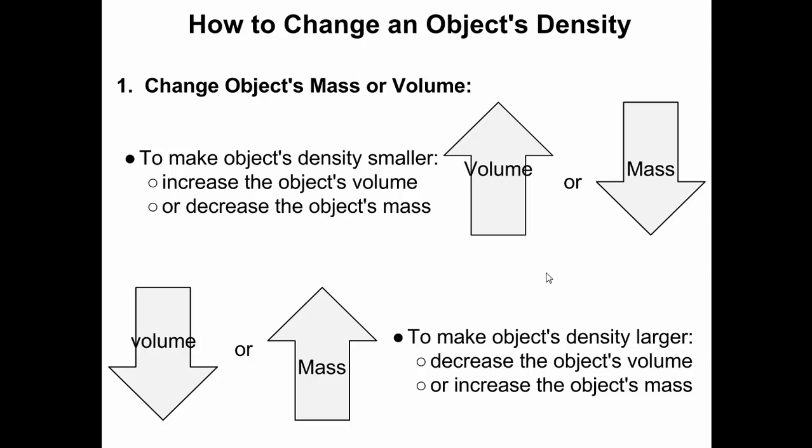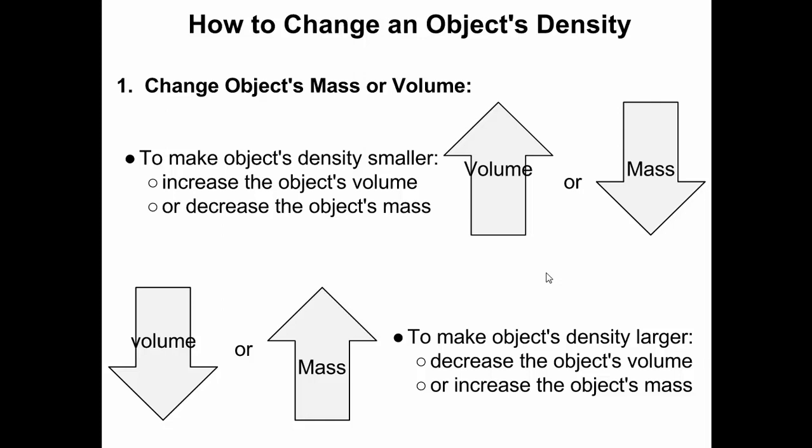So, for example, if we had a jar of M&Ms, and then we ate several out of the jar, the jar would stay the same size. It would now have less mass, so it would be less dense because you've taken some of those pieces out.